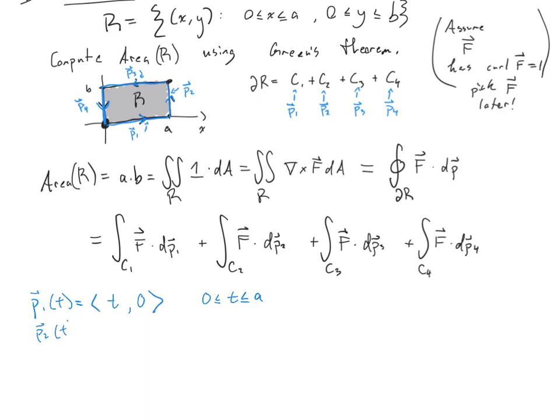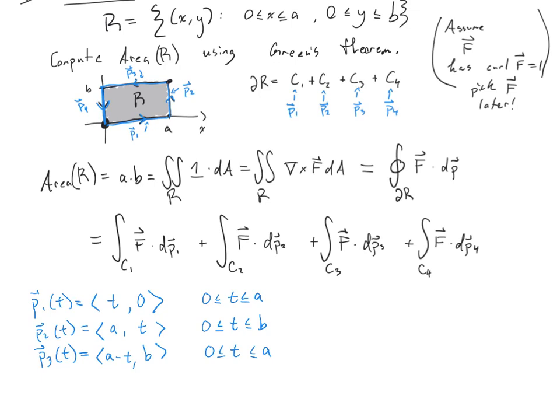P2 of t: here the x component is always a, but my y component changes, and goes from 0 up to b. For P3, my y component stays at b, but my x component starts at a and ends up at 0. So I can make that a minus t, where t goes from 0 up to a.